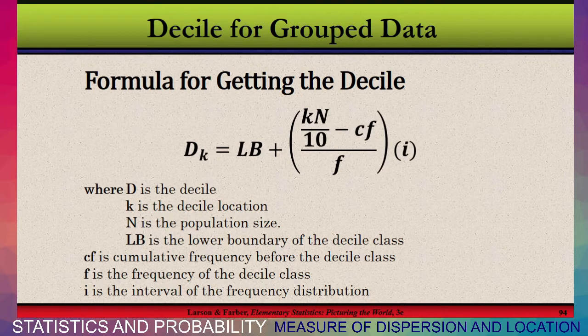LB is the lower boundary of the decile class. CF is the cumulative frequency before the decile class. F is the frequency of the decile class, and I is the interval of the frequency distribution. So nag-iiba lang talaga yung symbol na ginagamit, kung decile ba siya.